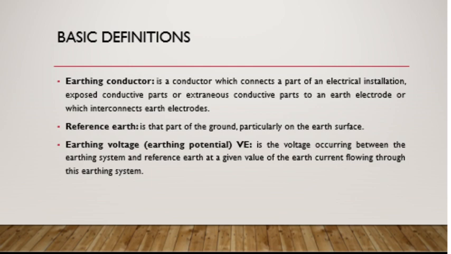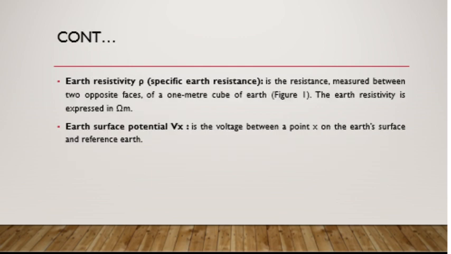So that difference of two voltages will give you the earthing voltage or the earthing potential, because we always know that the ground potential will be at 0 volts, but as soon as current is flowing through that earthing rod, it will develop a certain potential. So the difference between that potential and the ground is known as earthing voltage or earthing potential.